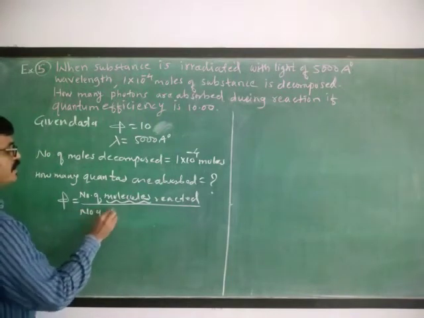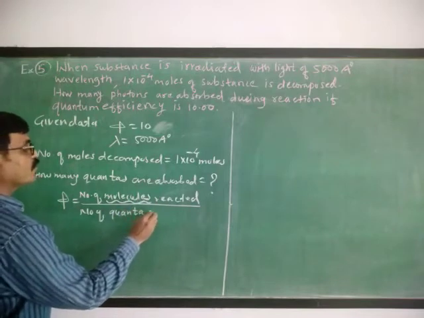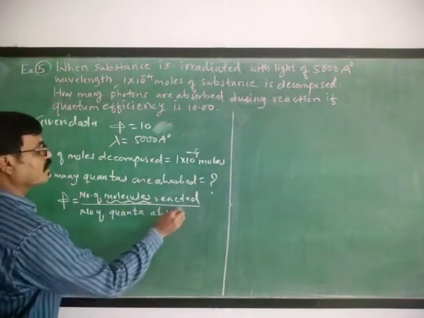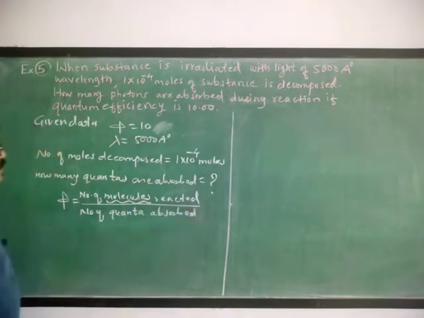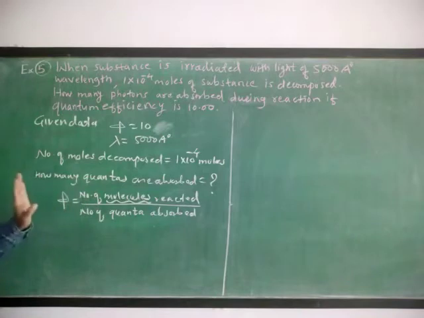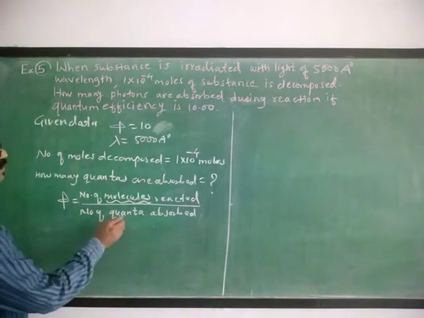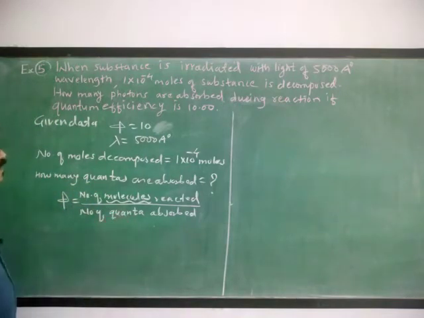Number of quanta, or one can say photons, number of quanta absorbed. Here number of molecules decomposed are given, and you have to calculate the number of quanta absorbed. That's why we have to use this formula.